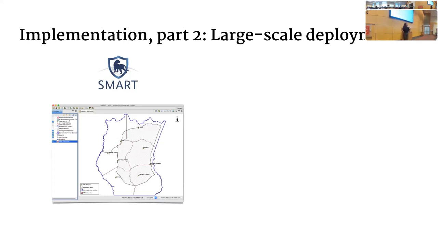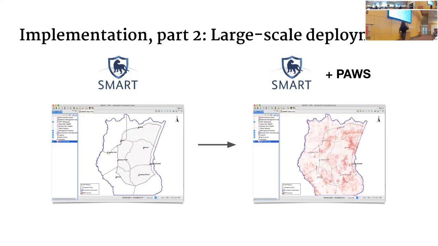But before, it was just a database system that you could query, you could visualize, but there was no predictive or prescriptive component. And this is a huge gap that a lot of park managers really wanted. So we came in and built a plugin that integrates our machine learning model with their system using some cloud computing infrastructure.